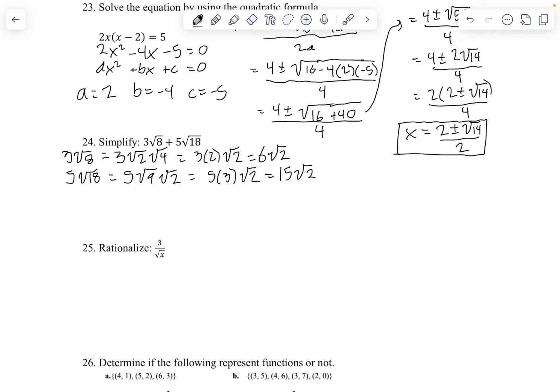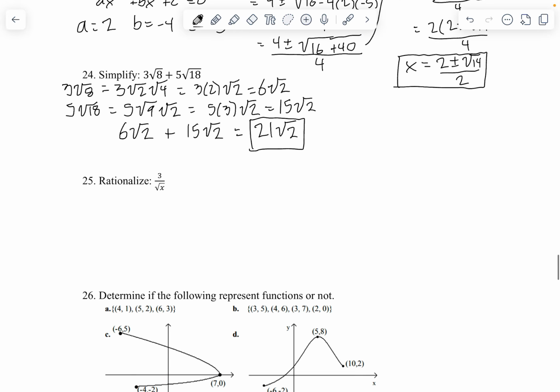Okay, so 3 times the square root of 8 simplifies into 6 times the square root of 2. 5 times the square root of 18 simplifies into 15 times the square root of 2. And I can add these together, because now the roots are the same, so I just add the coefficients. 6 plus 15 is 21. This becomes 21 times the square root of 2, like so.